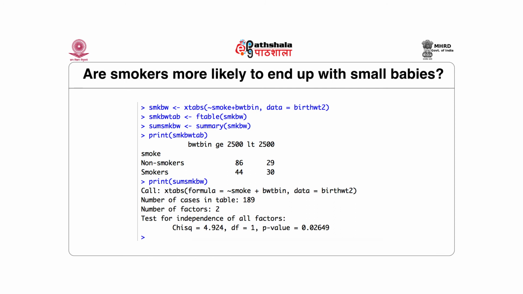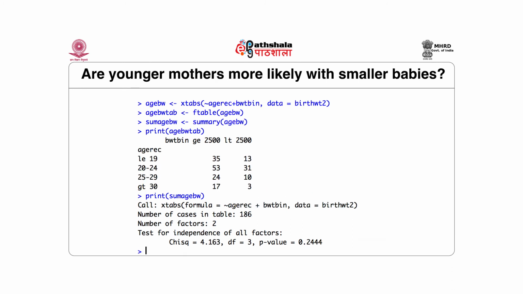We asked another question: are younger mothers more likely to have smaller babies? Take a look at this. Again, we did the same thing as before, xtabs, and this time, rather than smoker, we had age rate plus the binarized birth weight. And again, you can see the rectangular matrix here, and I will leave you to do the percentage calculations out of this.